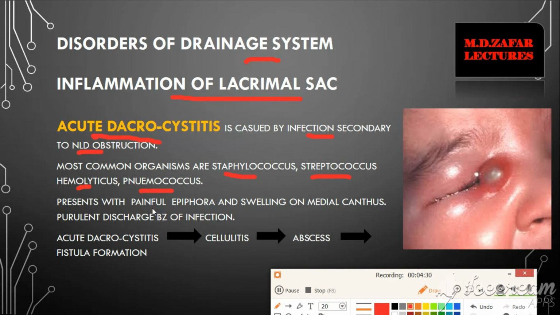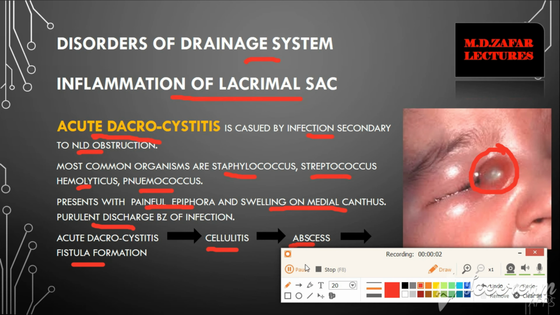It presents with painful epiphora, swelling on the medial canthus, and purulent discharge because of infection. This is the medial canthus, and the swelling is a typical feature for lacrimal sac involvement, which occurs secondary to nasolacrimal duct obstruction. Now, if we do not treat this on time, it will eventually result in cellulitis, abscess, and fistula formation.